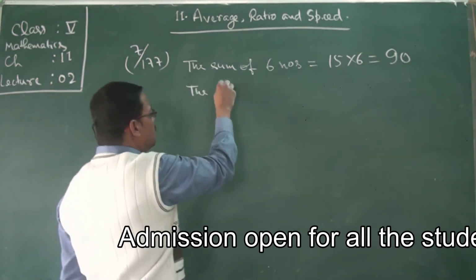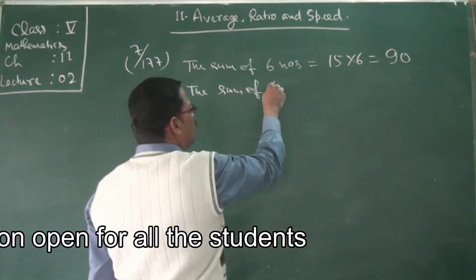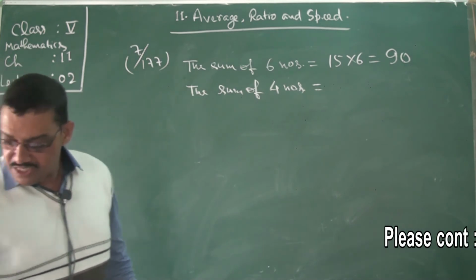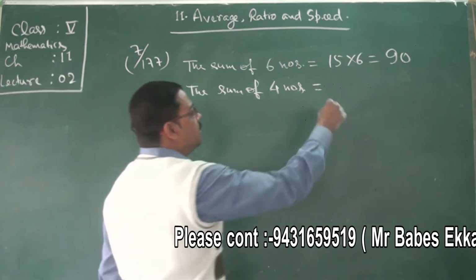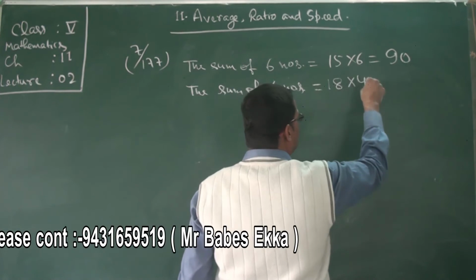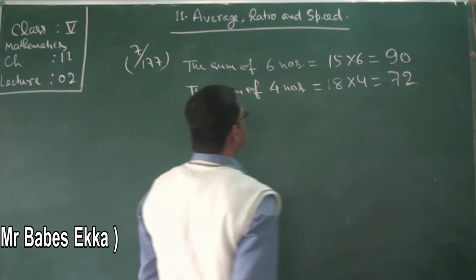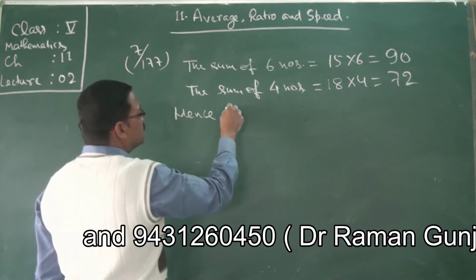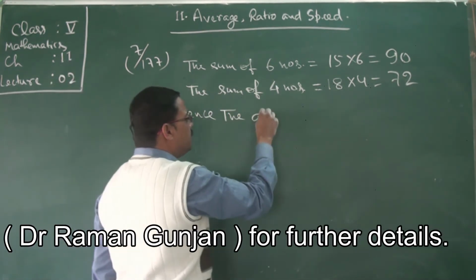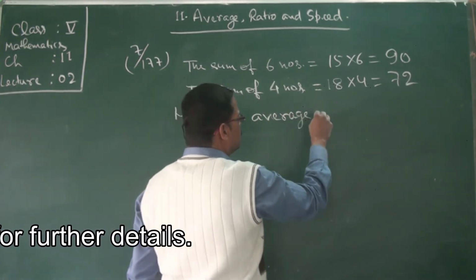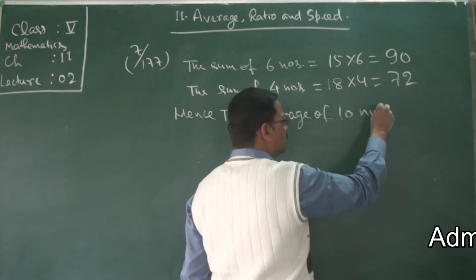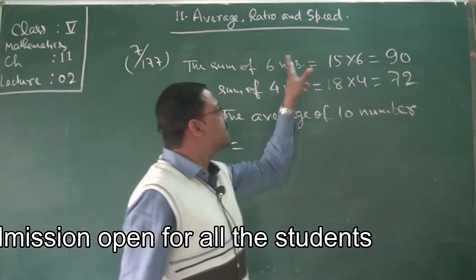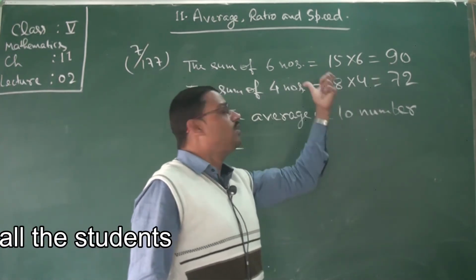Similarly, the average of 4 numbers is also given there. Let us see. The average of 4 numbers is 18. So into 4 it will be 72. Hence the average of 10 numbers equals, see, the sum of 6 numbers you got, sum of 4 numbers you got.